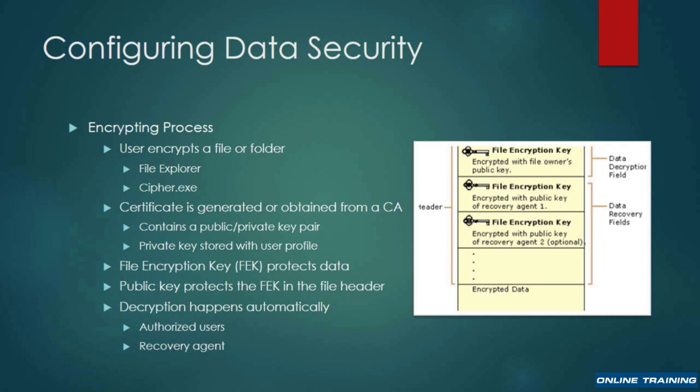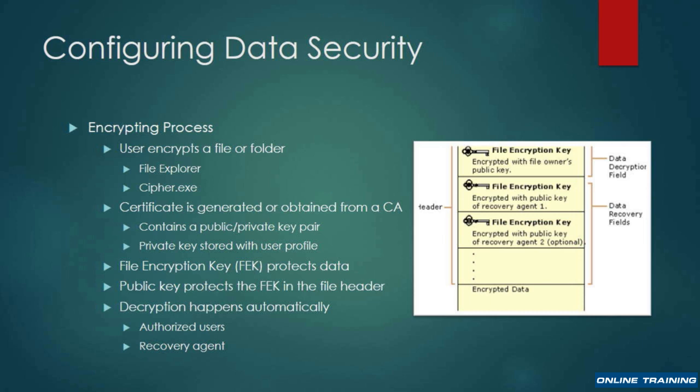And so when an authorized user comes and tries to access the file, it's detected that it's encrypted. It looks at the local certificate store for that user, finds a private key, applies the private key to the file header. If it's a match with the public key that was used to lock it down, then it unlocks the file encryption key, which decrypts the file. And so that happens automatically.